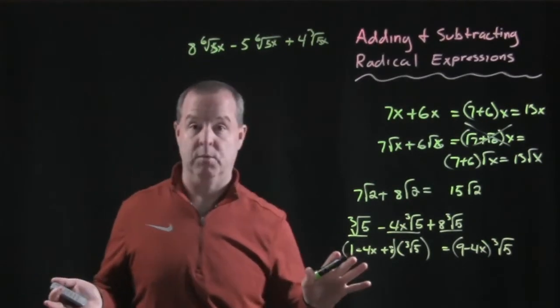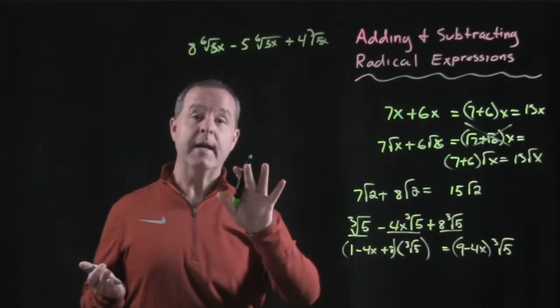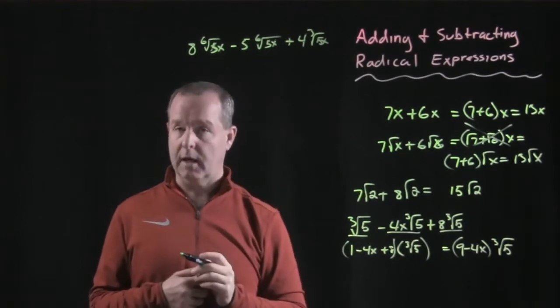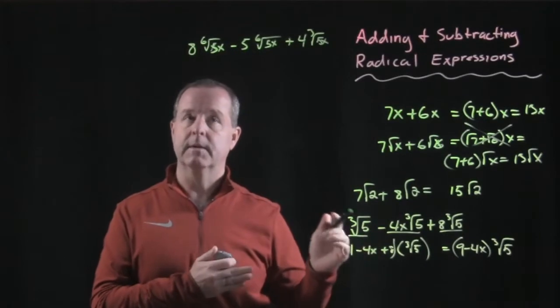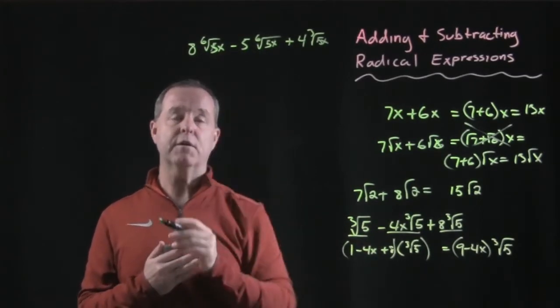Notice anything different about this one? Yeah, okay, you're right. The first two are 6 roots. The last one is a cube root. Those are unlike terms. So I can only combine the first 2 terms.